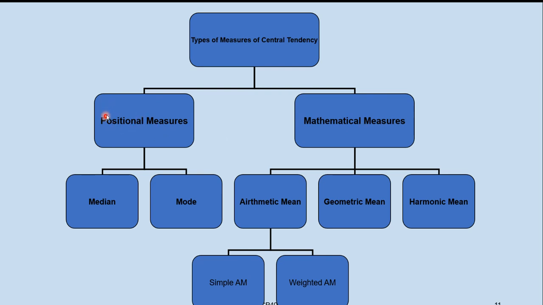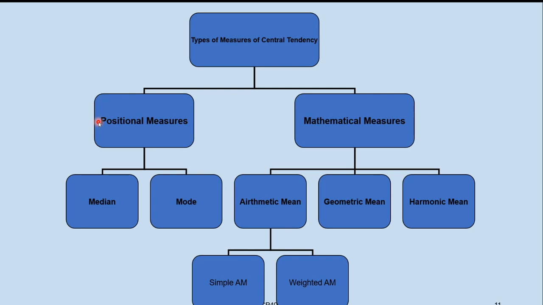Now, positional means some position in the values. That is called position. The arithmetic mean always lies in the middle of the data. There is no doubt about it. Every time for the given data, the arithmetic mean is the central point of the data.